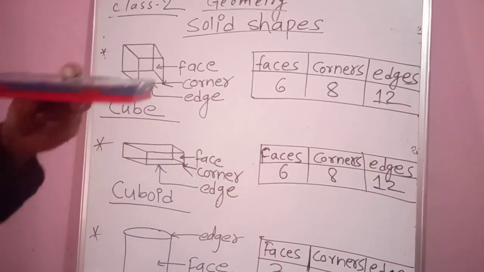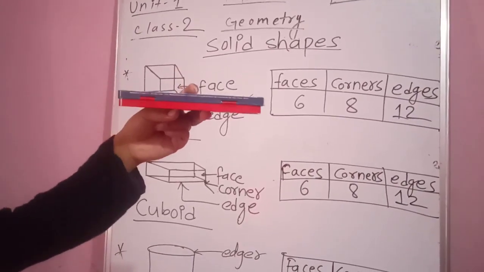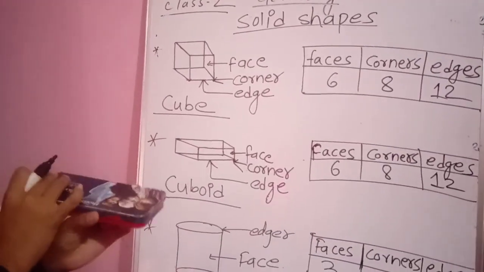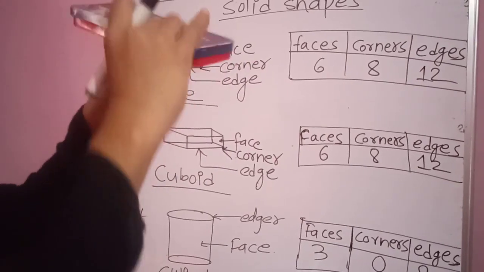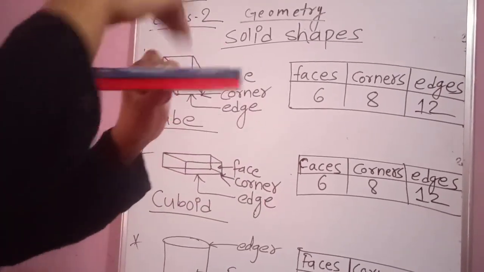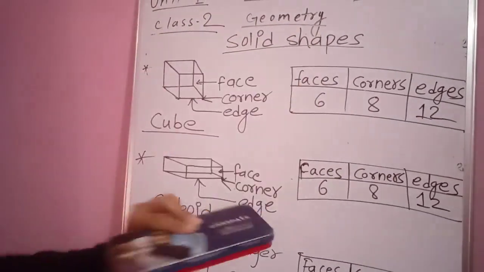Now I am going to show you an instrument that is in a cuboidal shape. That is your geometry box that you usually use in the classroom for the mathematics subject, isn't it? So now I am going to show you the faces, corners, and edges of a cuboid in the geometry box. This is called the faces. 1 up, 1 down, 2; 1 front, 1 back, 4. After that 1 on this side, 2 on this side. So altogether there are 6 faces.